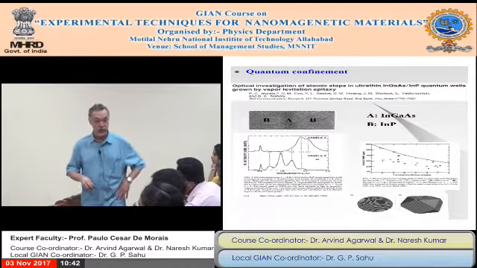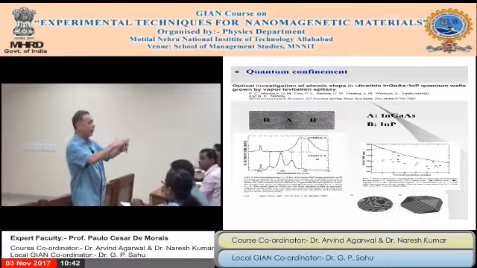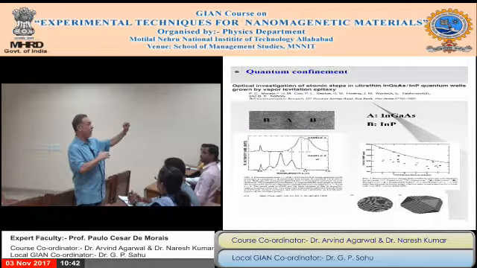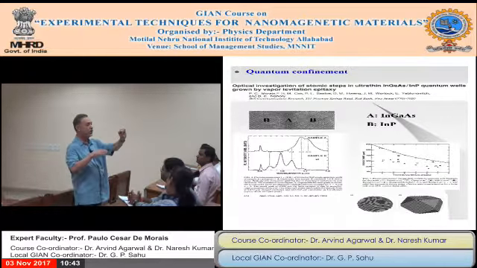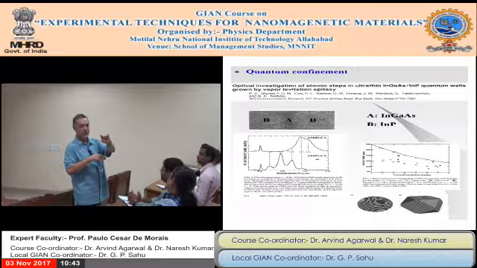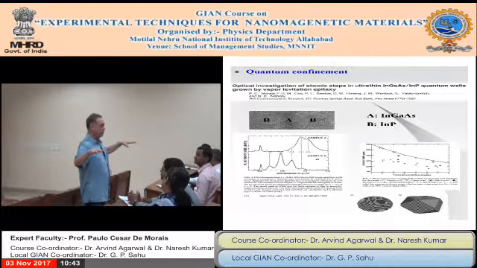You know why? Because your sample, this kind of sample, has regions where there are only 2 atom layers. Some other regions are 3 atom layers. Others are 4 atom layers. So this sample is not uniform in thickness over a huge area.